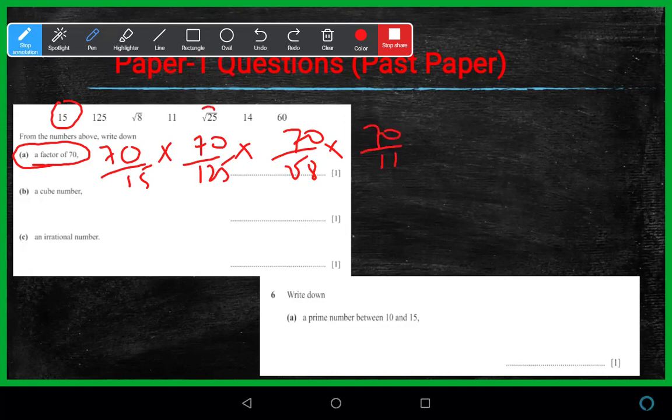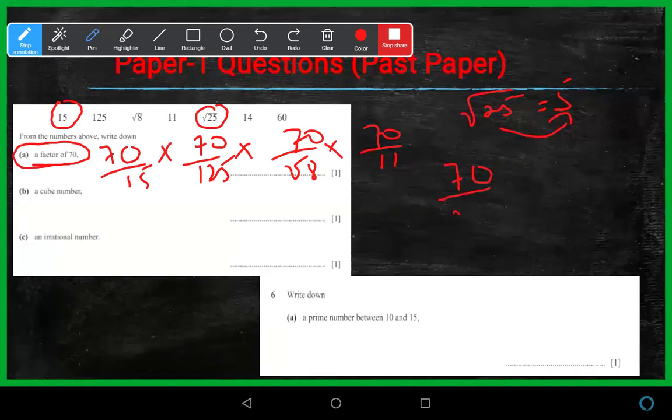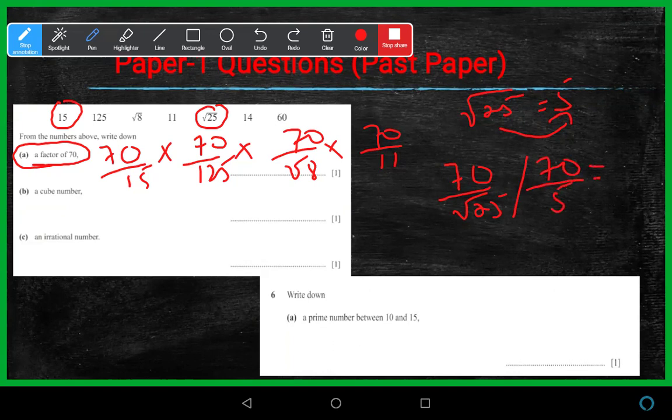Now remember that root 25 is equal to 5 because 25 is the square of 5. So we can write it like this as well. This means 70 divided by root 25, or I can write 70 divided by 5 as well. So it is divisible. 70 divided by 5 will be 14.